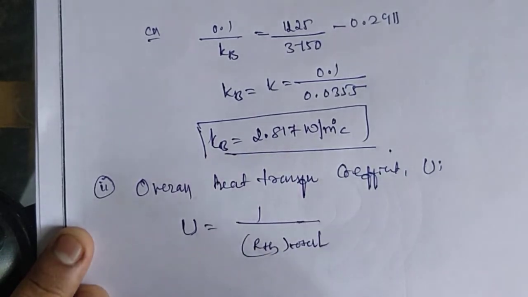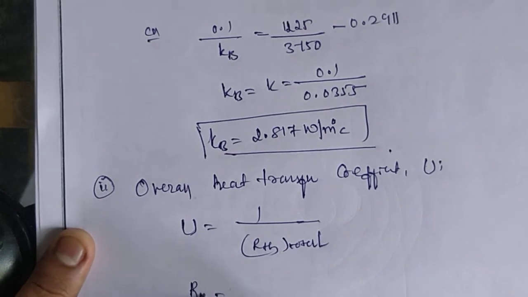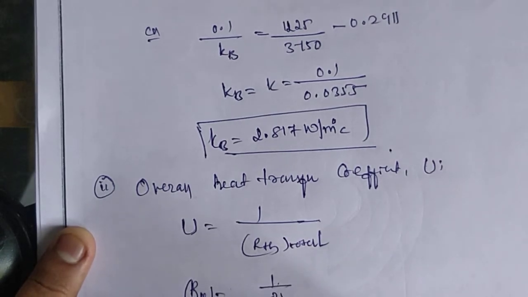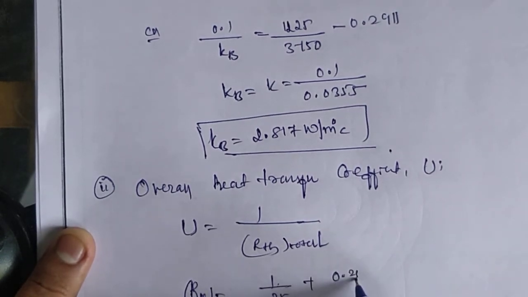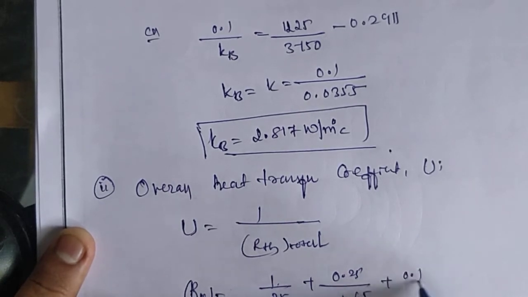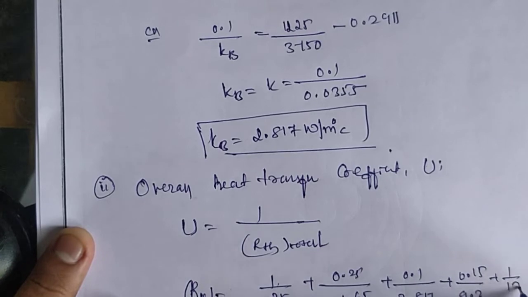So R total becomes 1 divided by 25 plus 0.25 divided by 1.65 plus 0.1 divided by 2.817 plus 0.15 divided by 9.2 plus 1 by 12.